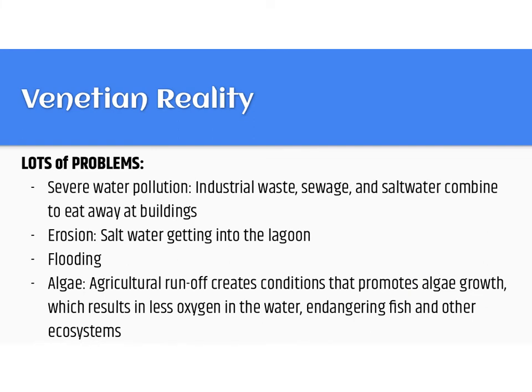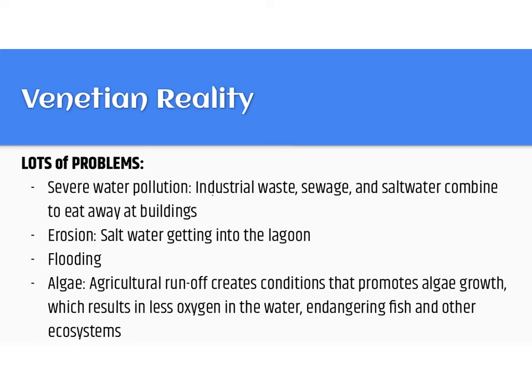And then let's talk about the reality of Venice. There are lots of problems with the canals. There's severe water pollution: industrial waste, which is runoff or industrial byproducts from manufacturing, so these are mostly chemicals. Sewage, yes, sewage is what you think it is, and salt water combine to eat away at buildings.